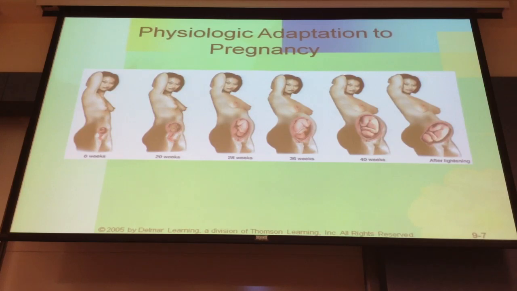Now over here at 40 weeks, the baby's very up close to her xiphoid process, and then it says after lightning. Well, that is not being struck by lightning that the baby moves. Lightning is when the baby starts to drop into the pelvis to prepare for delivery. So up to about 38, 39 weeks, her baby's pretty high, gives her some uncomfortableness in terms of eating and breathing, and then you'll hear people also say the baby's dropped.